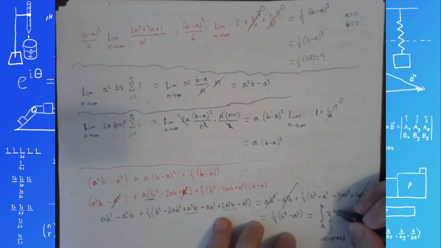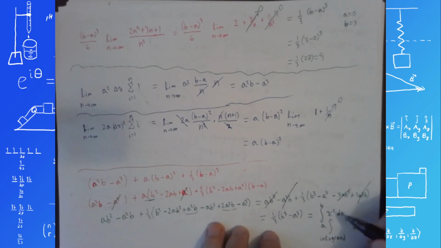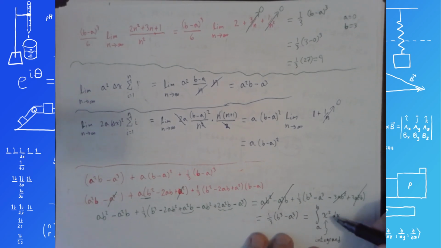So if the 2 becomes a 3, we then divide by a 3, and you get x cubed over 3. Then what you do is you substitute the upper bound and the lower bound, and you calculate the difference between those two.